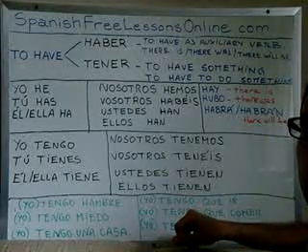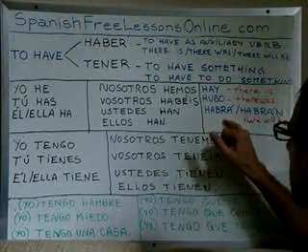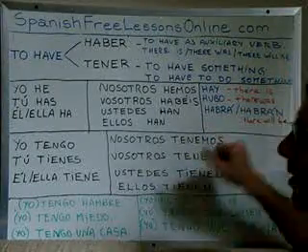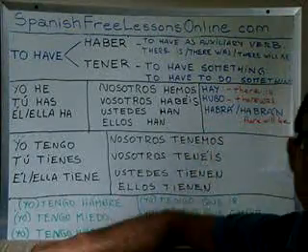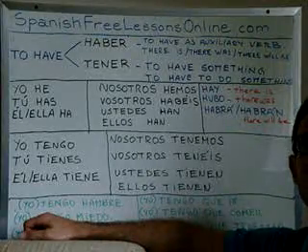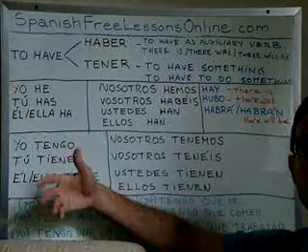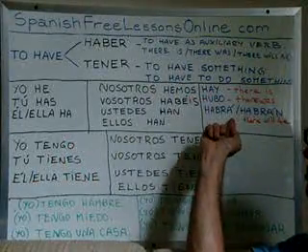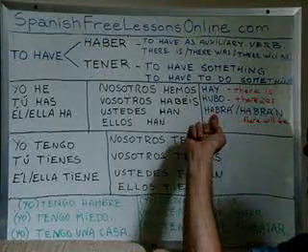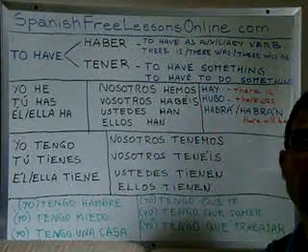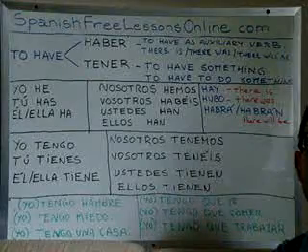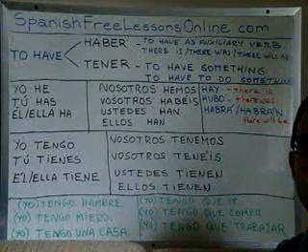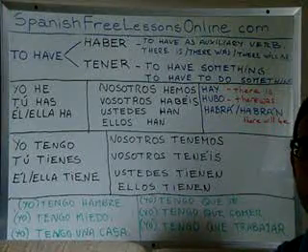Or actually, in the plural this would be habrán, but we still say habrá muchos autos, or you can say habrán muchos autos, but you really don't need to put the verb haber in plural. You can still say habrá muchos autos. There will be many cars.